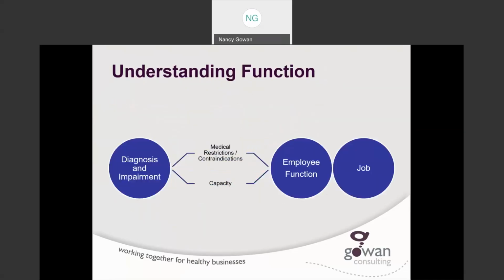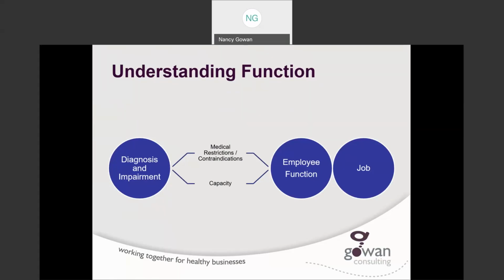When we're talking about return to work, we're asking the healthcare provider for restrictions and limitations. That doesn't always help us in determining whether someone can do the job. Most important when we're looking at a return to work process is to focus on what is the employee's function and what does the job require and how can we bring those together for the person to have the capacity to do their job.